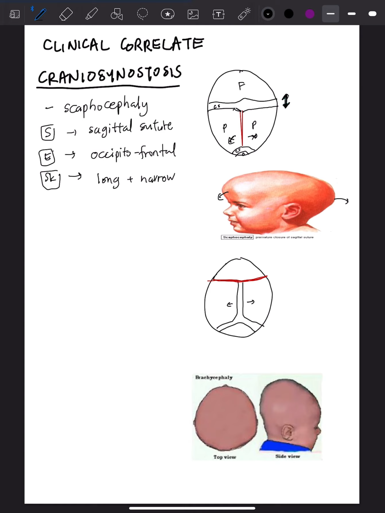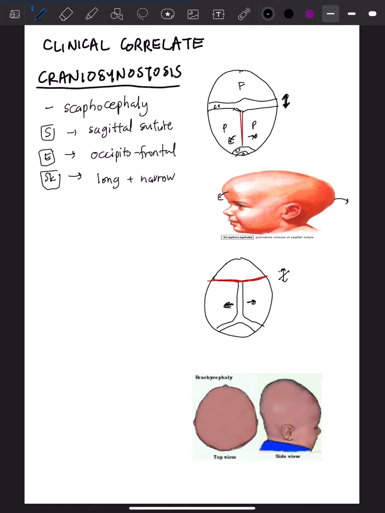All right, another issue is when a different kind of suture is closed prematurely. In this picture here, you have the coronal suture now. The sagittal suture is okay, the lambdoid is okay, the coronal suture has closed prematurely. So instead of it being able to grow this way, like what we did here, now it's only going to be able to grow sideways.